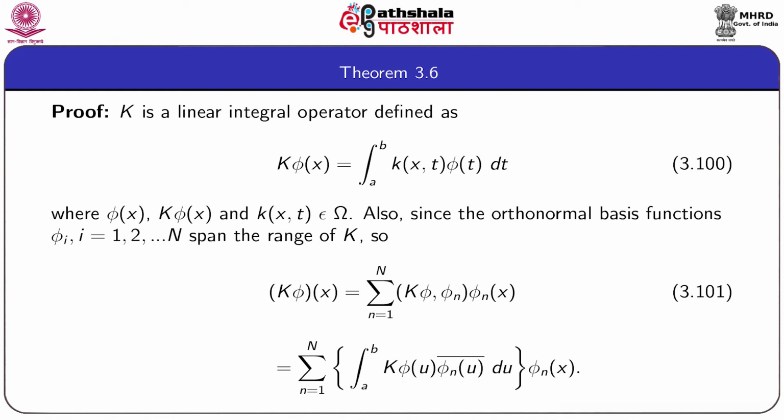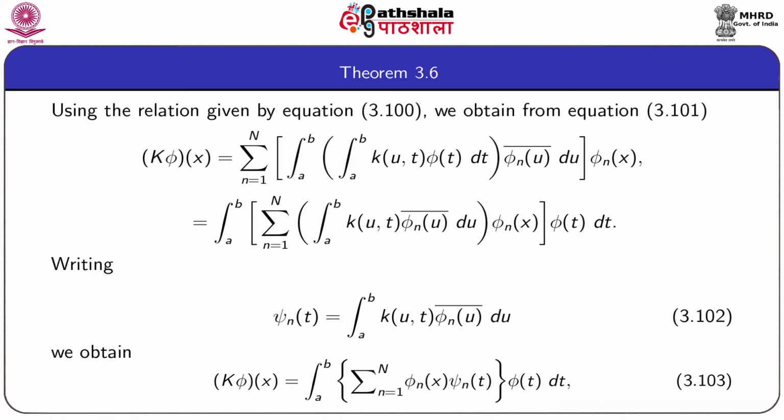Again, we expand this integral operator K operating over phi(u), so that we get K phi(x) equal to the summation n equal to 1 to N of the integral a to b of k(u,t) phi(t) dt into phi n bar(u) du into phi n(x).